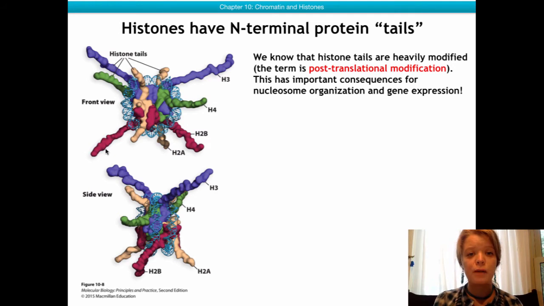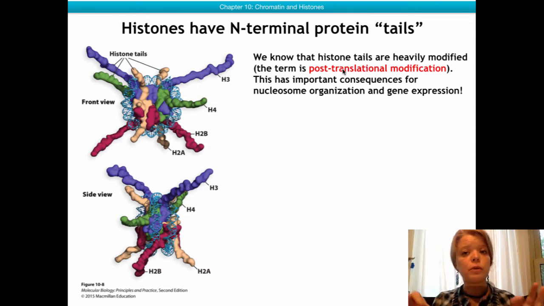So that's why you see bumps and circles and so forth, because these histone tails also contain a lot of lysines and arginines, as well as serines and all kinds of other amino acids that can be readily modified by different proteins. The process of modifying a protein after it has been translated and folded is called post-translational modification. This term can be applied to histones, but all kinds of other proteins as well.